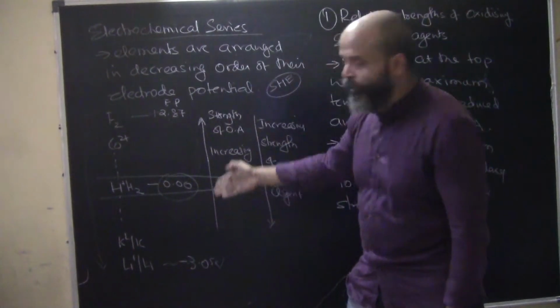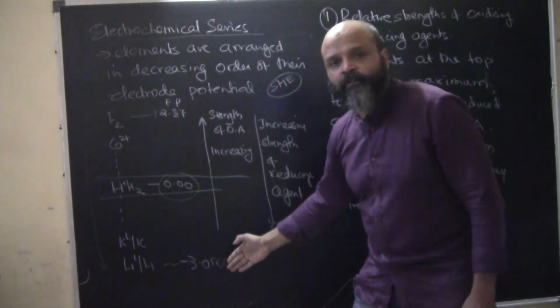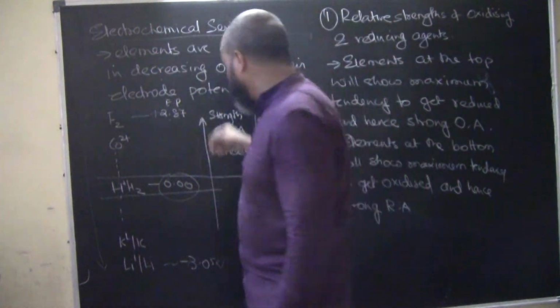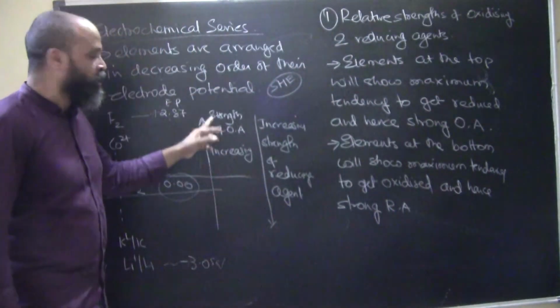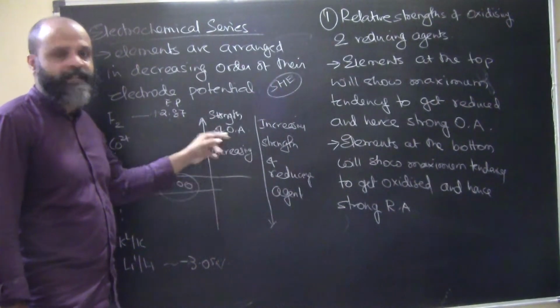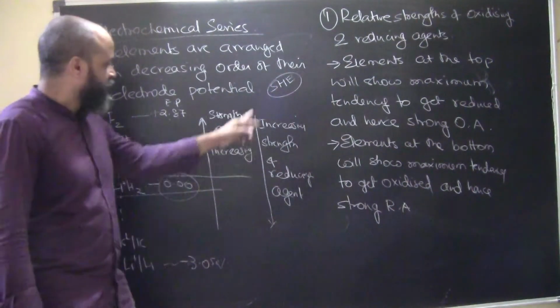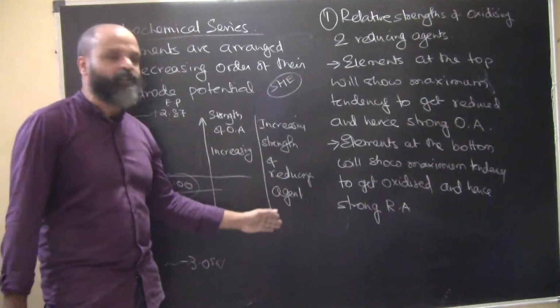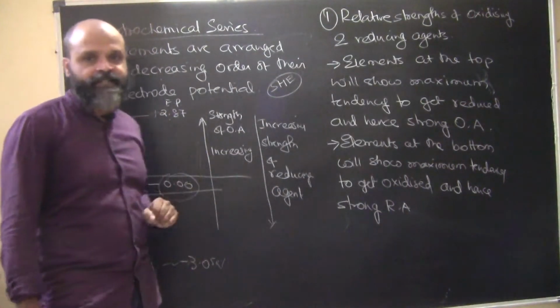If you go from the lower end of the electrochemical series to the upper end, the strength of the reducing agent is decreasing, or we can say the strength of the oxidizing agent is increasing.